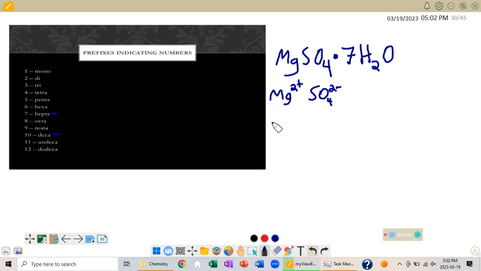So Mg is magnesium. SO4, I know that is the magnesium symbol. I need the actual word. Let's try again. There we go. So I have magnesium. That SO4 2- thing is sulfate.